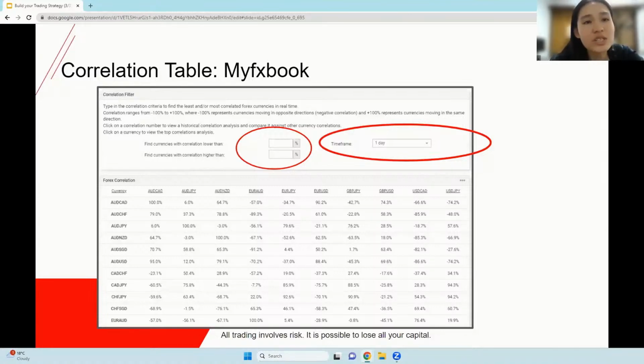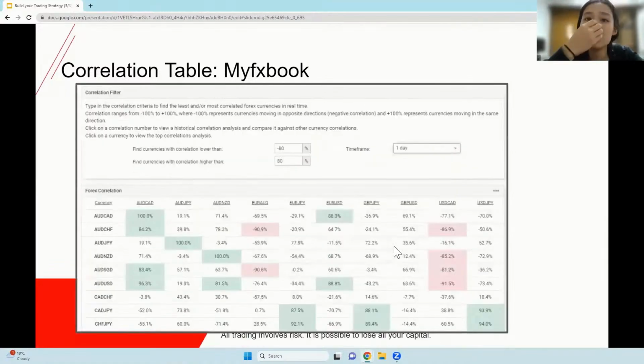We typically recommend looking for correlations higher than 80 and lower than -80%. You just have to put that into a filter and it will highlight all of the currency pairs that match what you have requested, that you can see over here. So it's a very easy way of finding correlations.